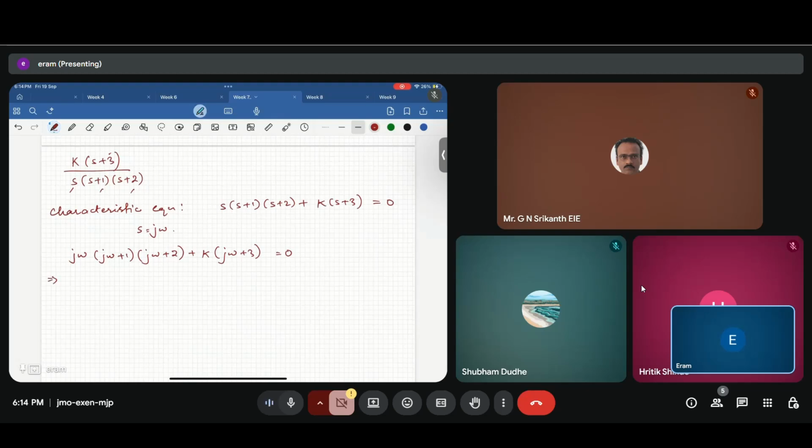Okay, now let's calculate these terms. So it will be j omega and plus k j omega plus 3. Finally it will be minus j omega cube.